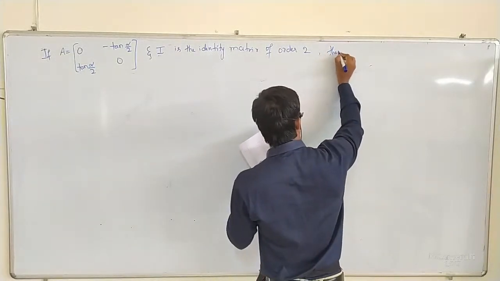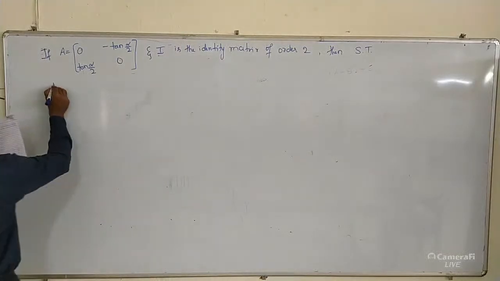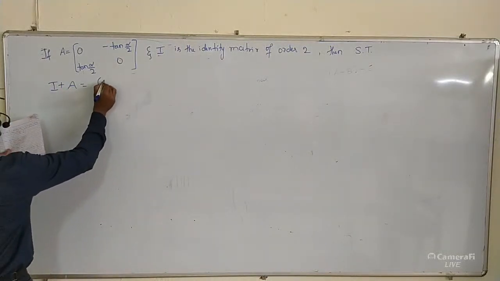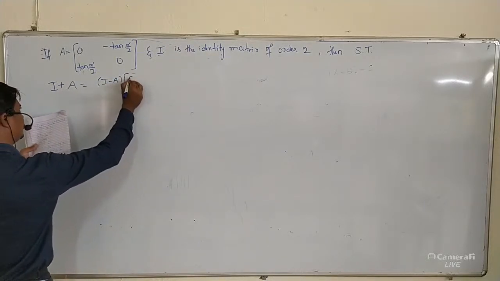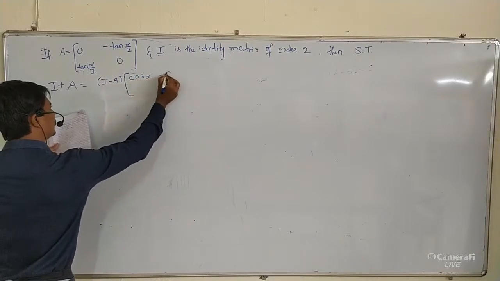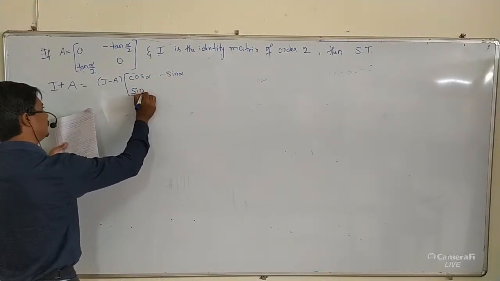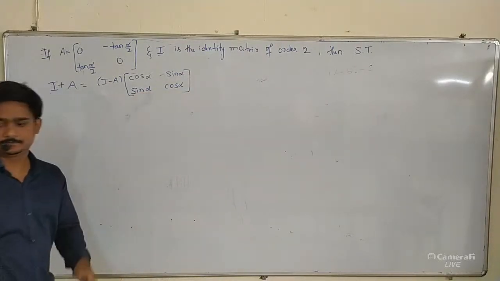Then show that I plus A is equal to I minus A into [cos alpha, minus sin alpha; sin alpha, cos alpha].